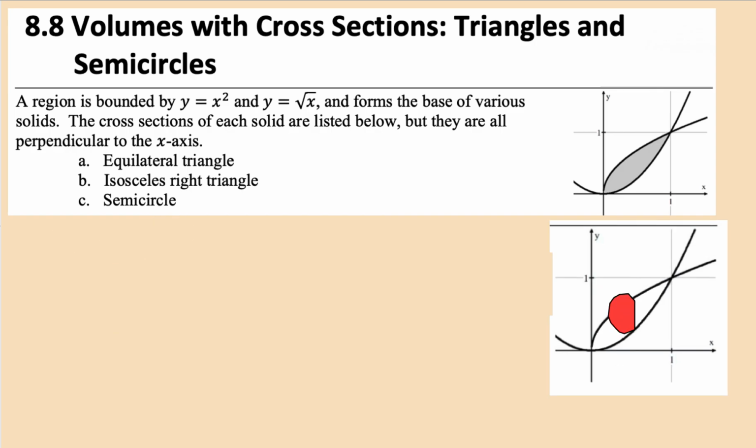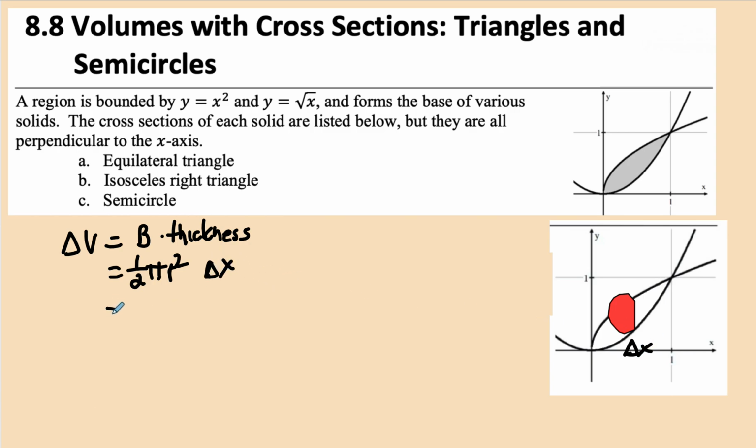Now let's talk about a semicircle. So the semicircle, the diameter is going all the way across, and then we have this rounded piece right here. So delta V will be equal to the area of the base times the thickness. We always start off the same way. The base will be 1/2 pi r squared, and the thickness will be delta x.